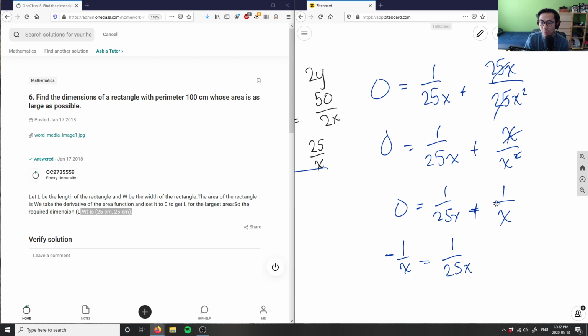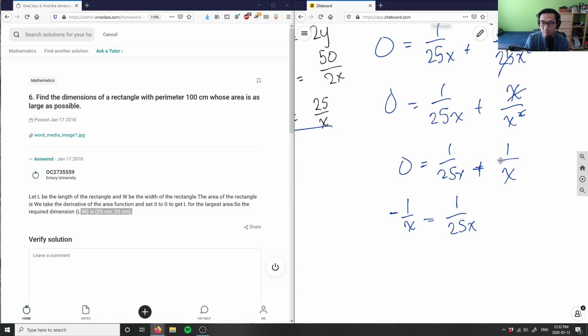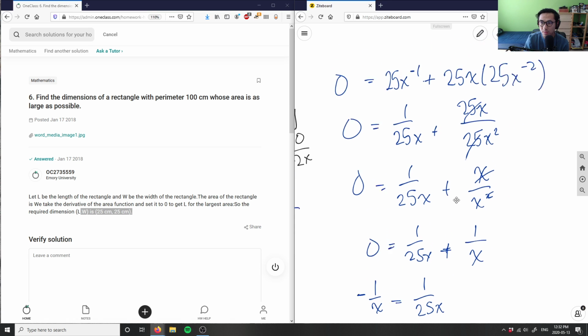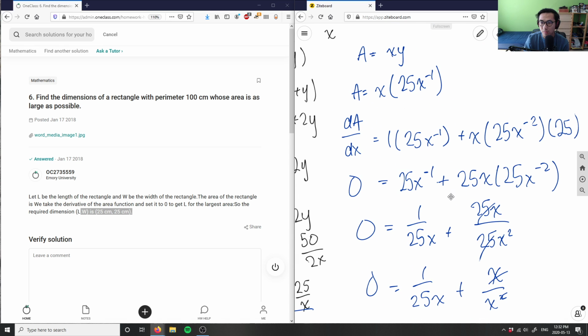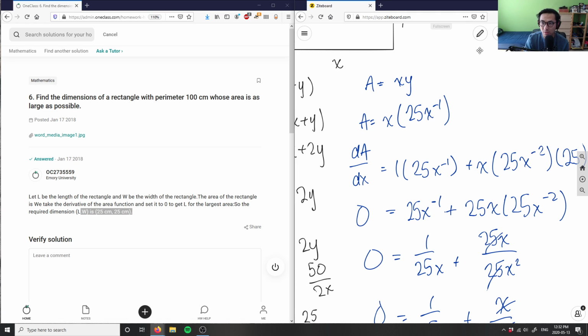So I can actually erase this, and I can get, let's see, 1 over x. What I could have done before is do 25 over 1 over x, sorry, 25 over x here.